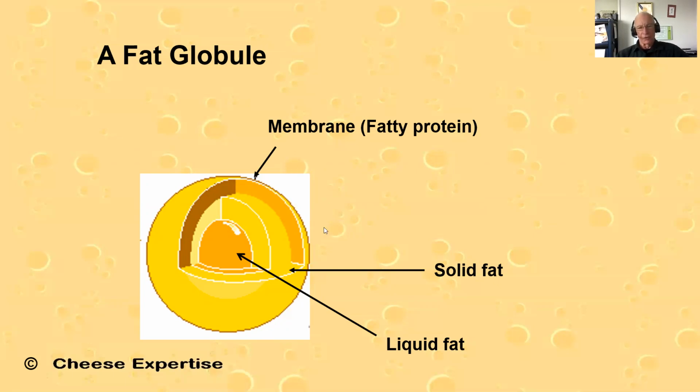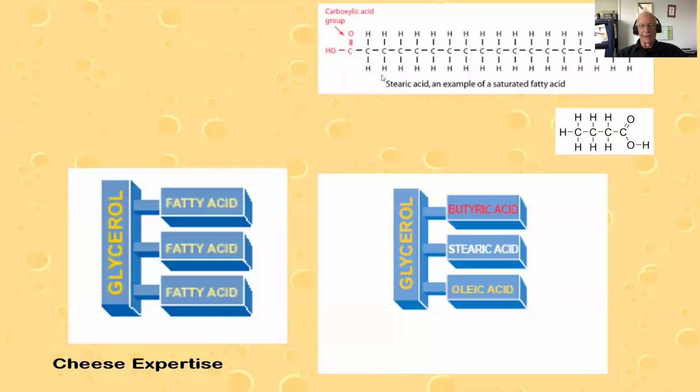Think of a soft-boiled egg, where you've got some liquid fat and some solid fat, and then a shell around the outside, which is the fat globule membrane. Inside this membrane are the fatty molecules, and we call them triglycerides.